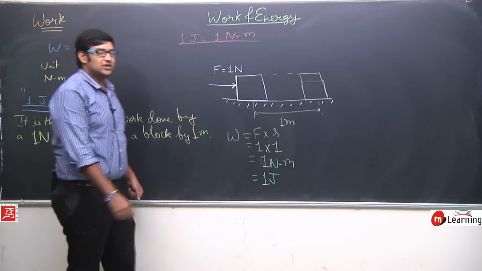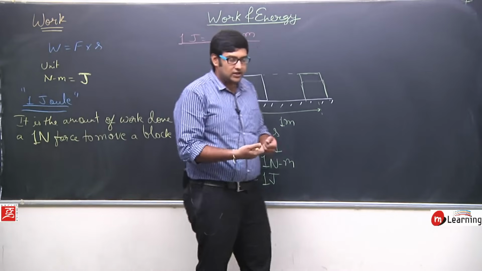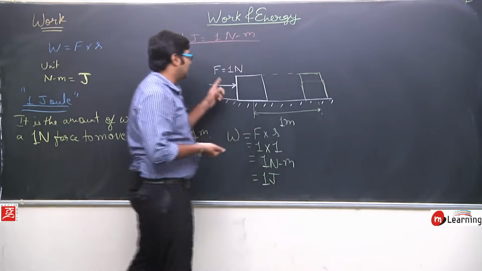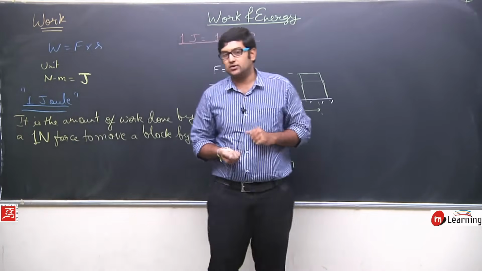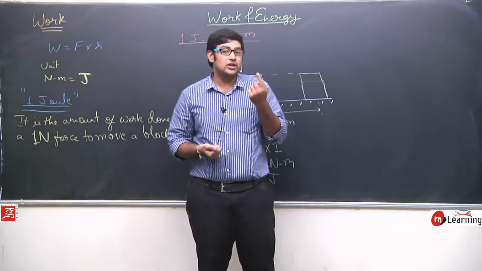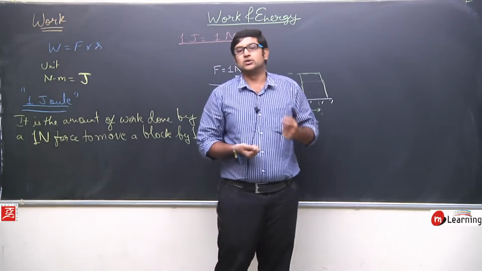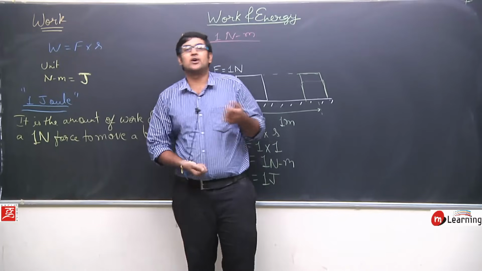Okay, so 1 Joule is defined as the work done by this 1 Newton force to move this block by 1 meter. And this is known as 1 Newton meter or 1 Joule. This is the definition of work done.